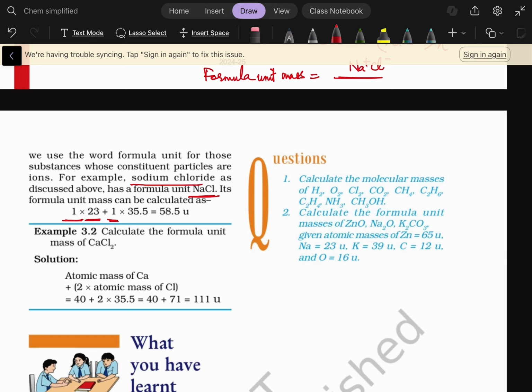Then 1 atom of chlorine, and each atom of chlorine has a mass of 35.5 u. Together it is 58.5 u. This is the formula unit mass of sodium chloride. The calculation is similar to what we have done for molecular mass. The only thing is that formula unit mass is a term used for ionic solids, and molecular mass is a term used for other molecules.